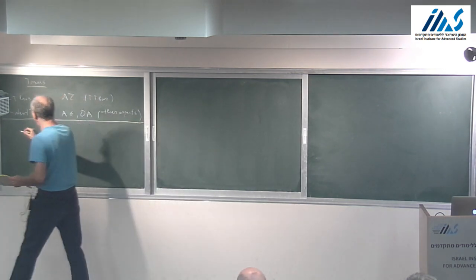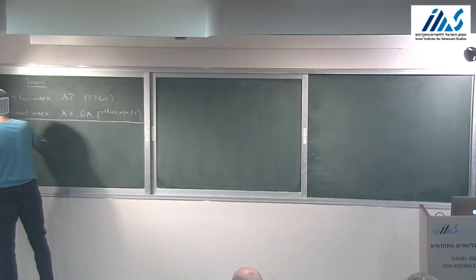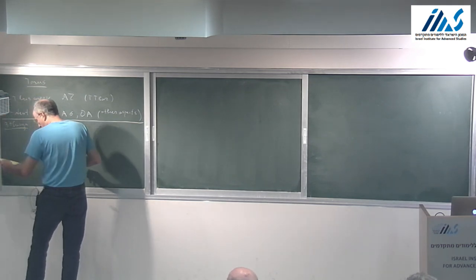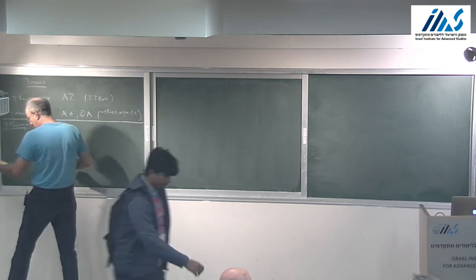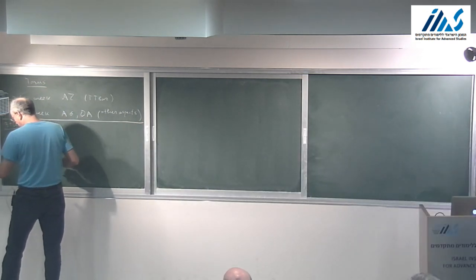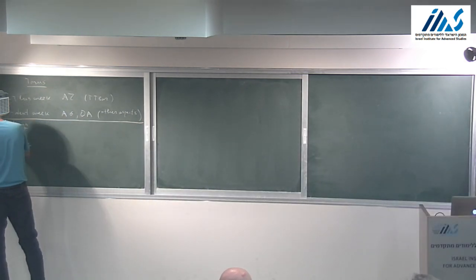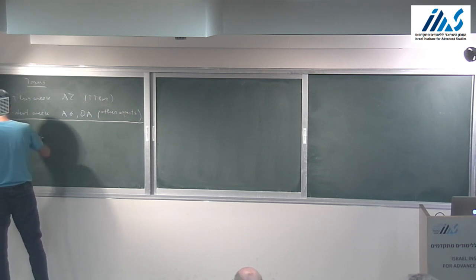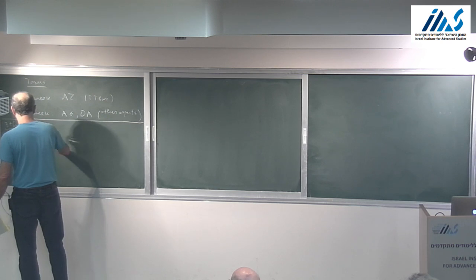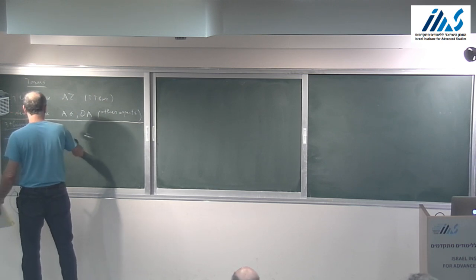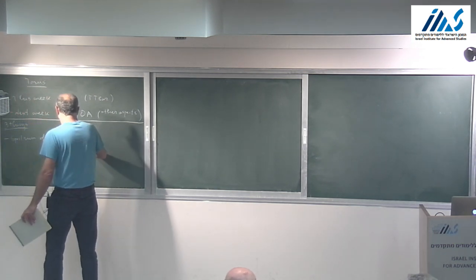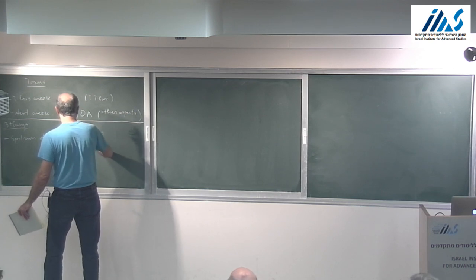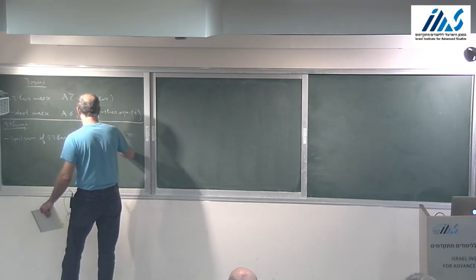Now, I want to do 3 things in this hour and a half. The first thing that I'm going to do is show that the spectrum that Sasha told us about follows from some general principles that I will explain.